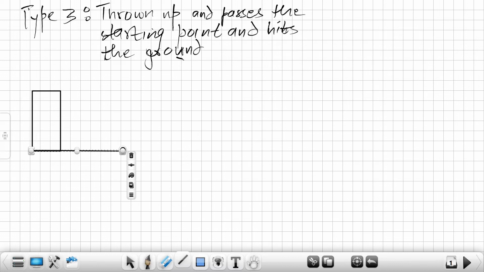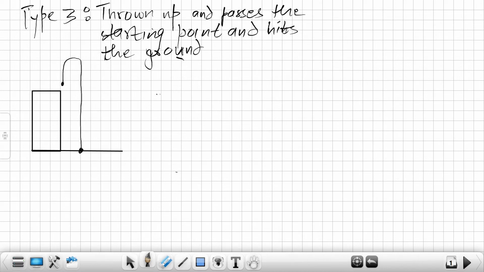So what is being said here is that my projectile will move from the starting position, go up, reach the maximum height, pass the starting point, and eventually hit the ground. This is basically type 3 of a question.